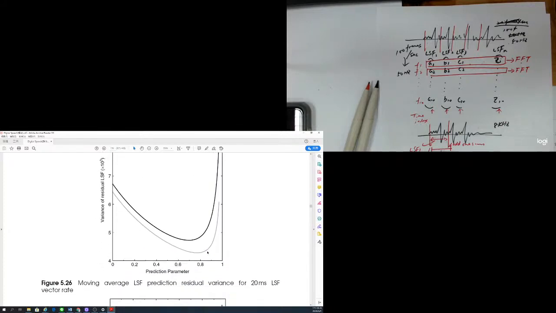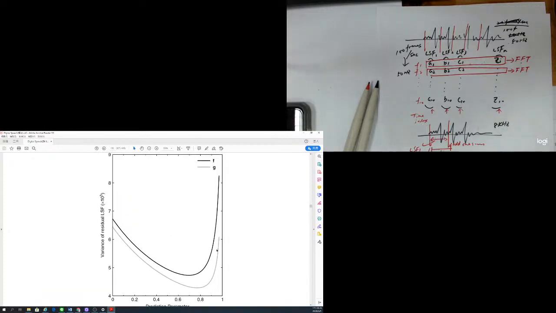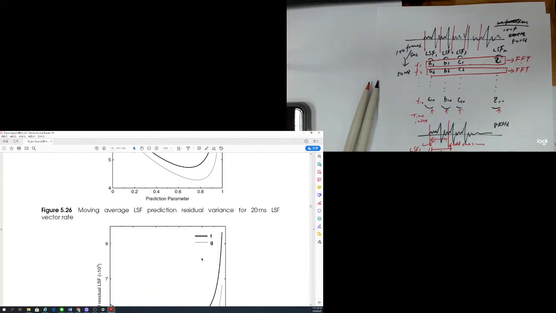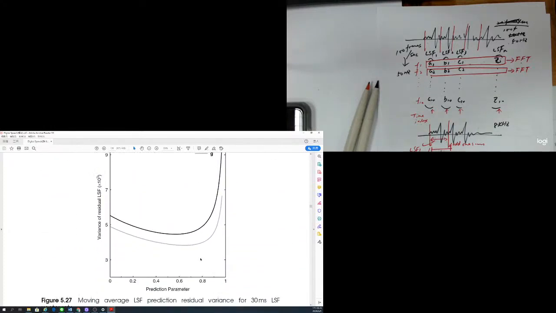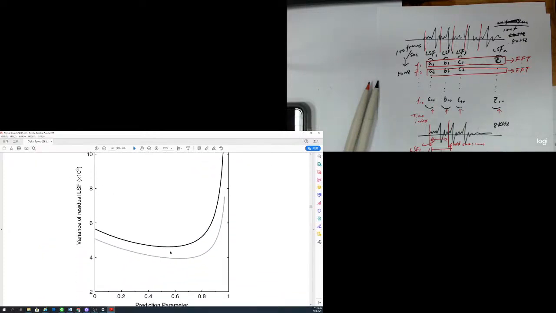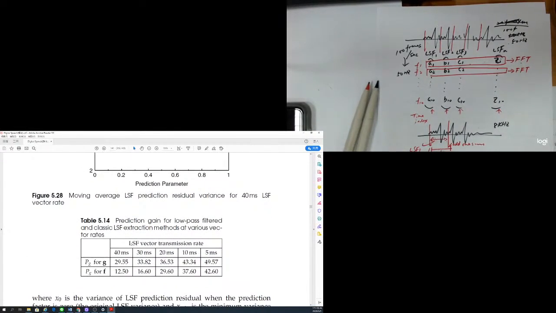And if you are using the bigger speech frame and have a low-pass filter before your quantization, you can see the prediction parameter coefficients of neighboring frames have a higher correlation. With 30 frames, you can see the prediction parameter become lower, like 47.